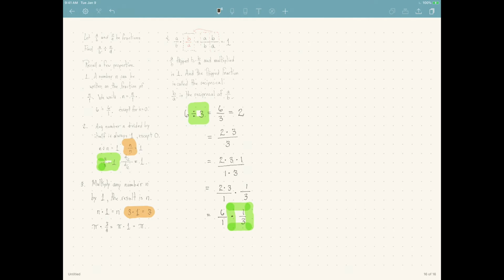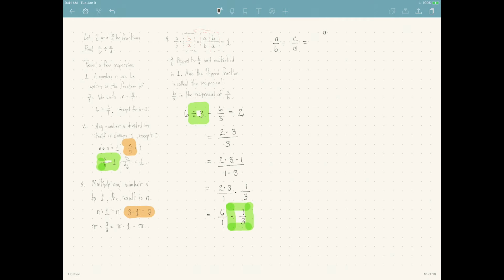Well, let's return to where this whole problem began, with the problem of A over B divided by C over D. Remember how when we took 6 and divided by 3, we said that's the same as 6 over 3?